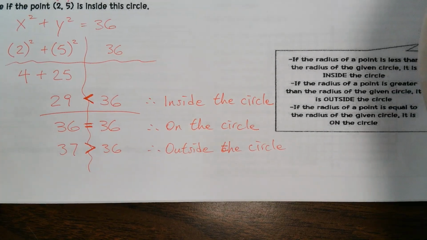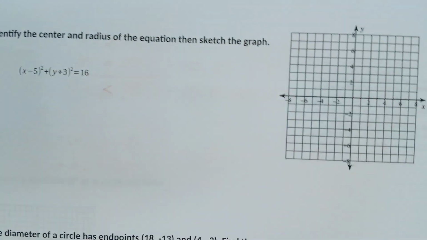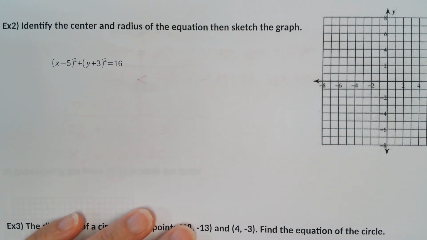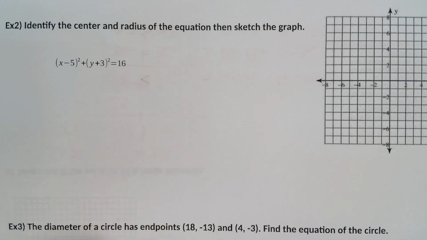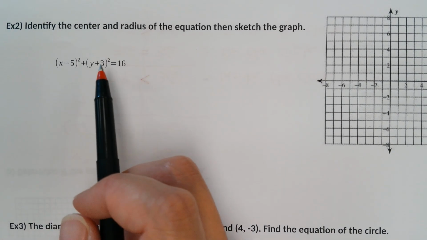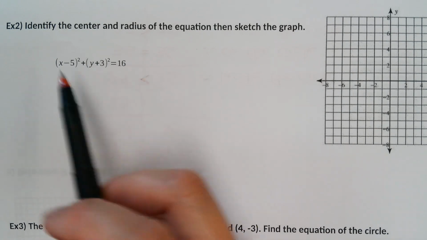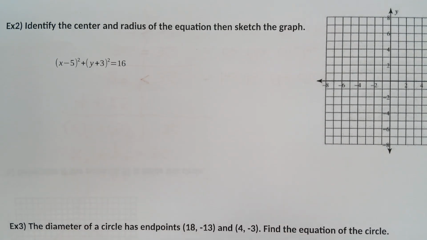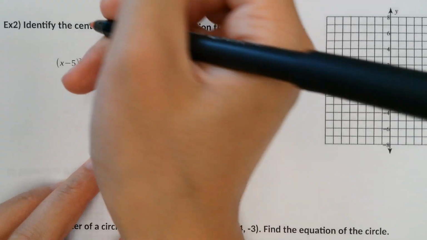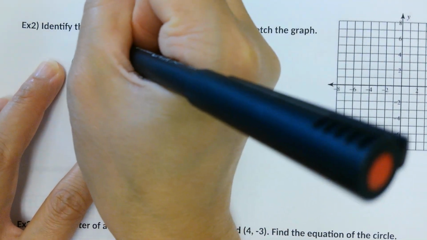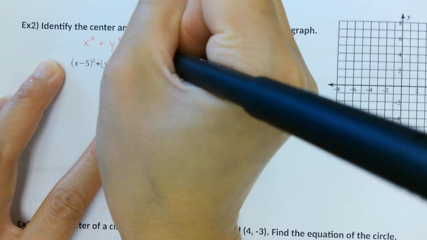Okay. Last example, because this is such a short lesson. Identify the center and radius of the equation and then sketch the graph. Okay, so what is the difference between this equation and the one that we were working on? Right. The original equation was x squared plus y squared equals r squared.